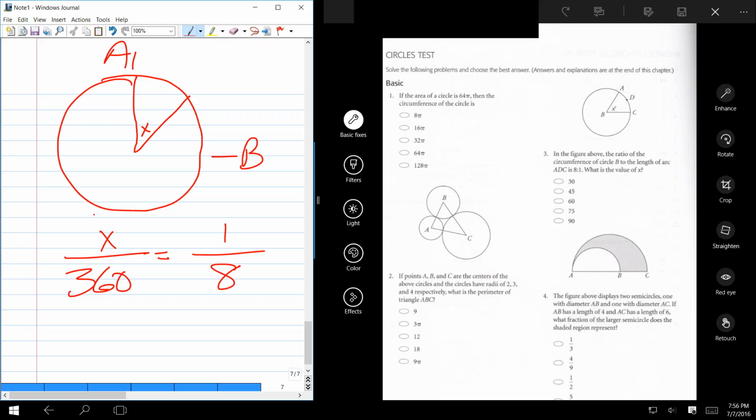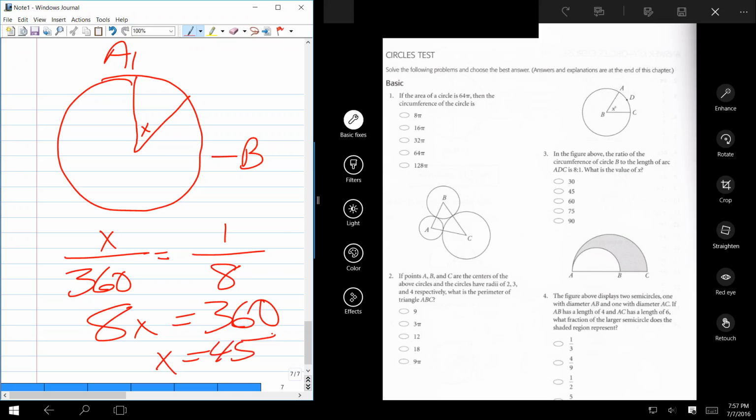In other words, whatever the proportion of x is to 360, remember when it was 90, that was 1/4. So x would be to 360 as 1 to 4, but in this case it's a 1 to 8 relationship. If you solve this equation, you get 8x equals 360, or x equals 45.